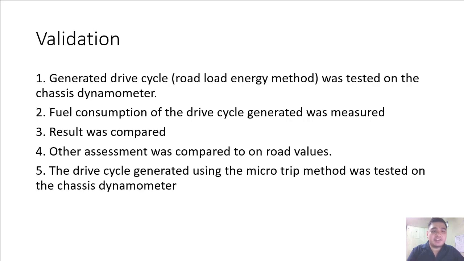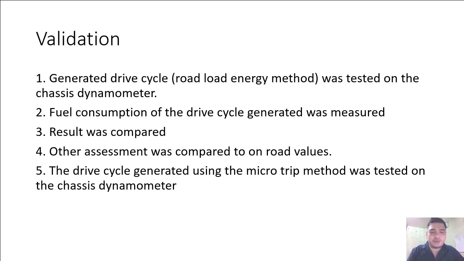In validating the drive cycle, the generated drive cycle was tested on a chassis dynamometer. Fuel consumption of the drive cycle generated was measured using the same instrument used in the road data gathering. Then the results were compared to the actual road fuel consumption.